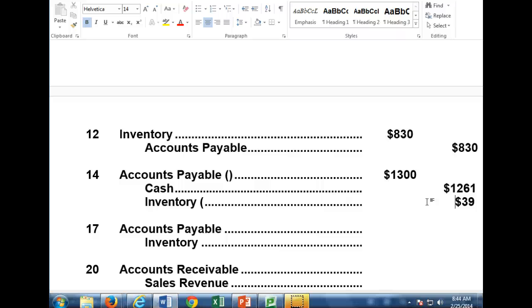If we took advantage of this discount because we paid our bill within 10 days, 2% of $3,000 is how much? $60. So if we pay this within 10 days, instead of paying $3,000, we're going to pay $2,940, aren't we? So really, our inventory shouldn't be $3,000; it should be $2,940, which means we get to reduce this inventory by that $60 because we really didn't pay $3,000 for it. Does that make sense?